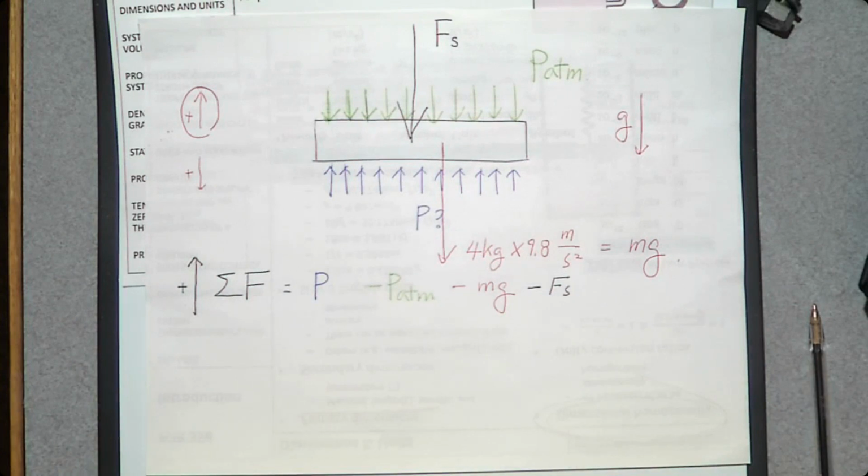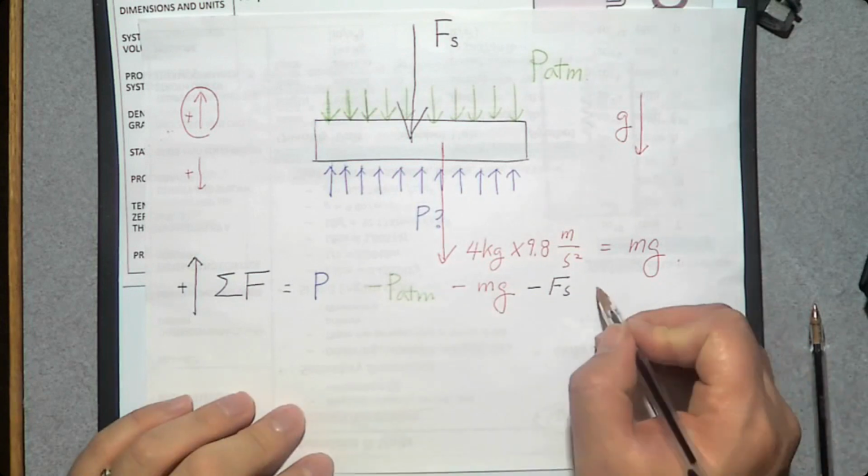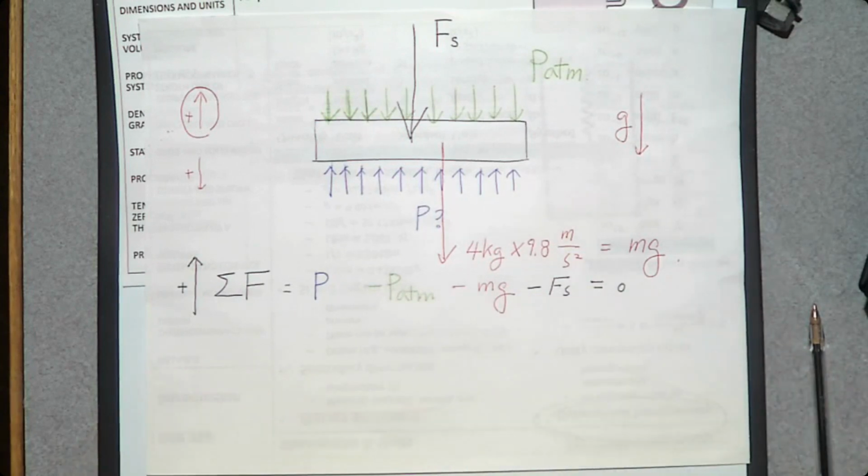0. What if the sum of these forces is 1? Then the net force is positive, so the piston should move upward. If the net force, when you calculate this one, is a negative value, then the piston is going to move downward, okay? When the piston stays there, that means the net force is 0.